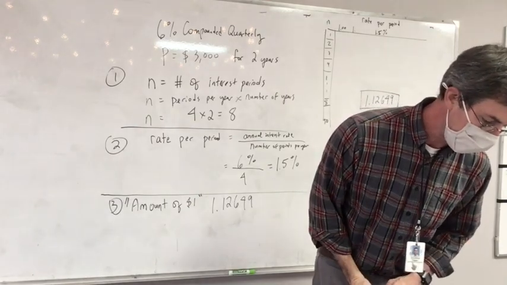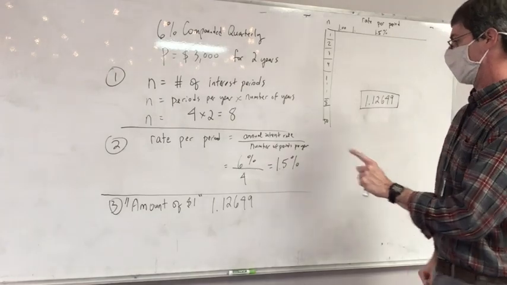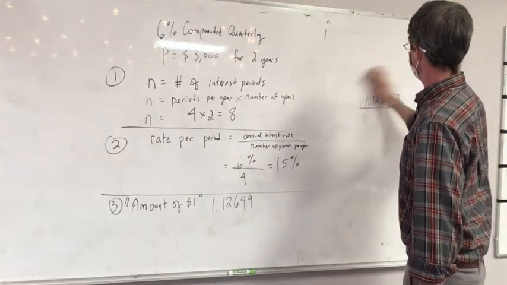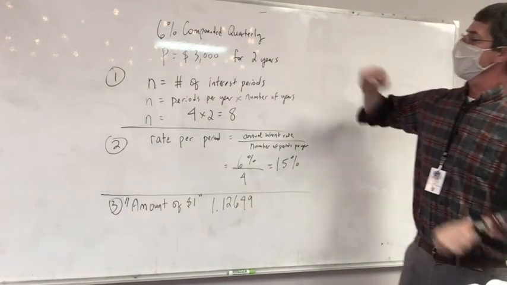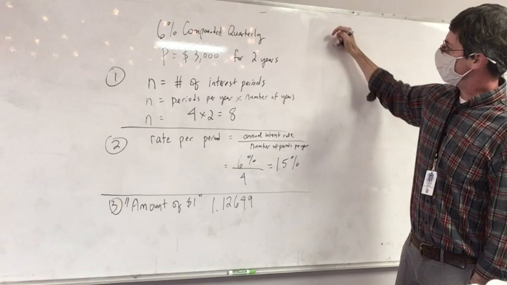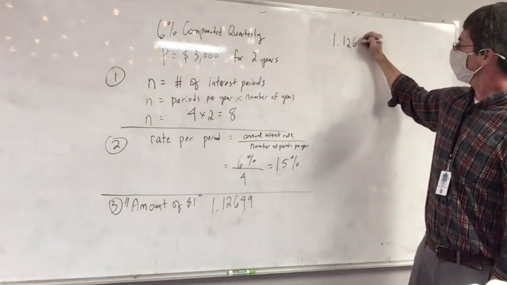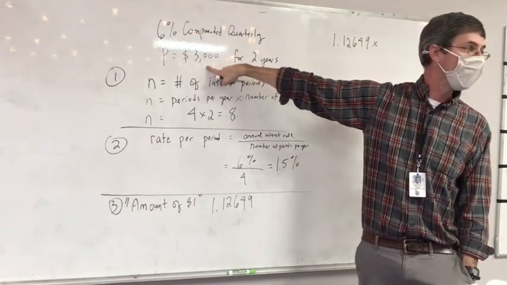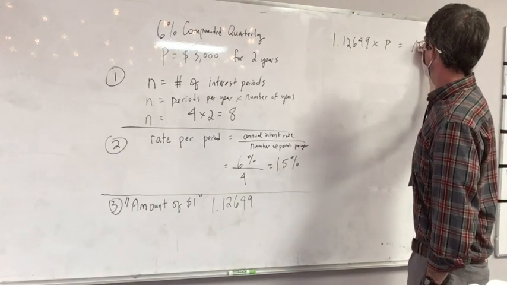Let's take a look then at the next step. It says find the amount. Okay, find the amount. So what I'm going to do here, I'm going to erase this so we can see what's next. Because we're really solving for the amount, we're going to take this number here, 1.12649, and we're going to multiply it by the original P. So times P to get our amount.